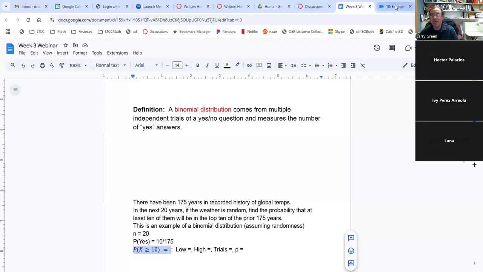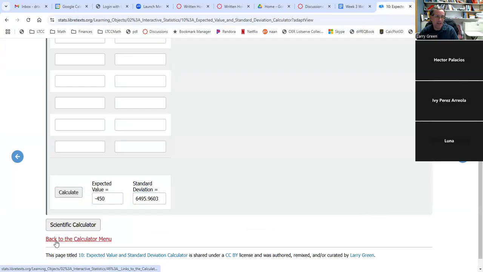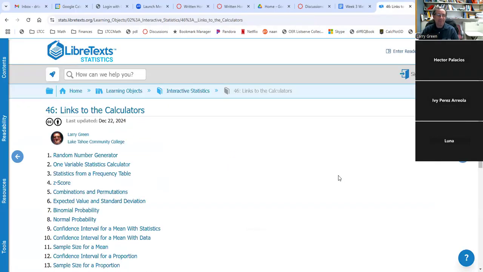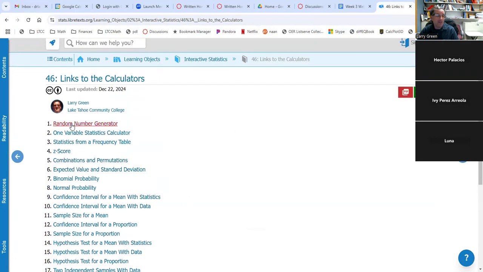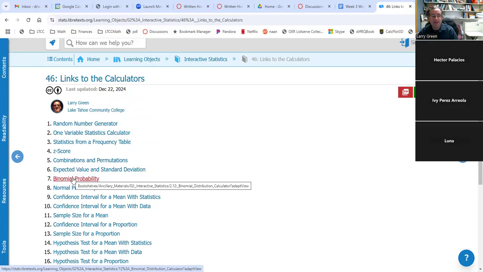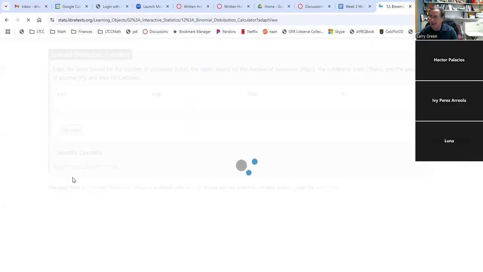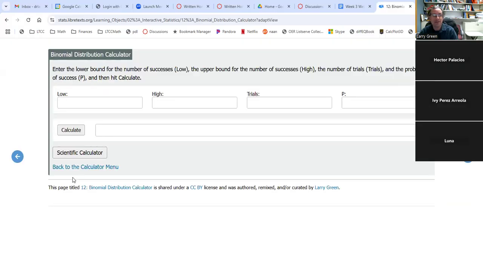Go to the calculator. I'm going to go back to the calculator menu. And you'll notice, remember, we do things in order. The calculator goes in order of how we do things in class. And we just did expected value, and next is binomial probability, because we have a binomial distribution. So I'm going to click on binomial probability. Any questions on that? And what it's going to ask for is the low, the high, trials, and p. The lower bound for the number of successes, that's low.